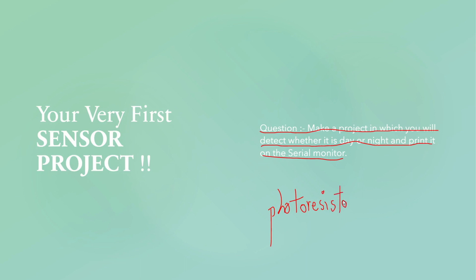Photoresistor for the light sensing. So the main sensor is the photoresistor, and the serial monitor is to print whether it is day or night.